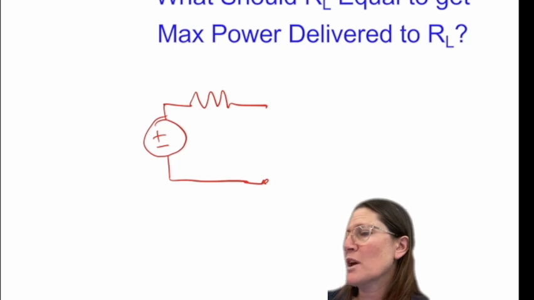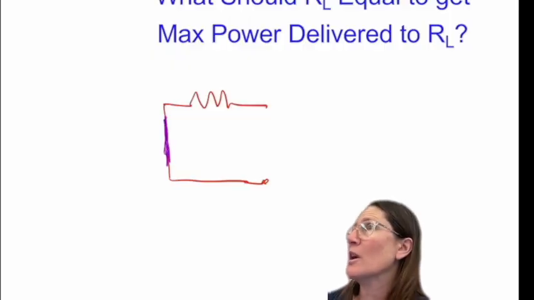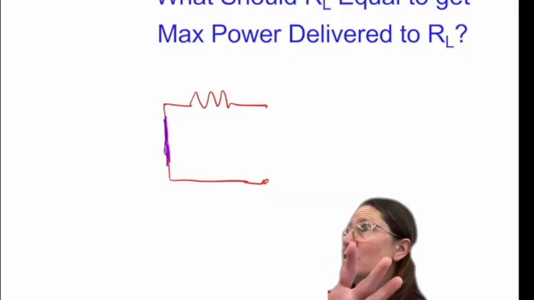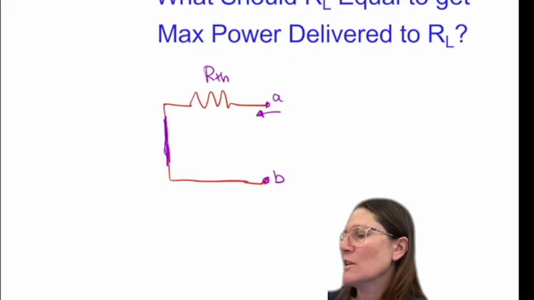The method that we used was: we remove this one, we short or put to zero every source that's in the circuitry, and we find just the pathway from here to here, and that gives us RTH.